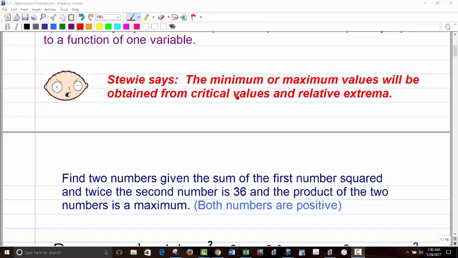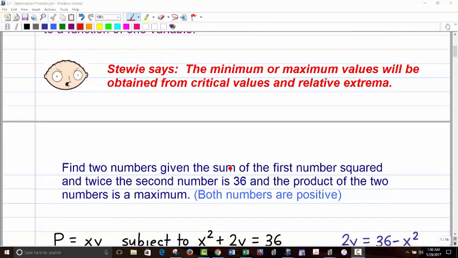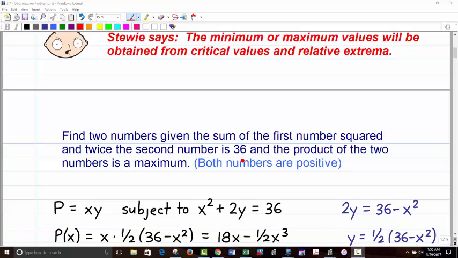Find two numbers given the sum of the first number squared and twice the second number is 36, and the product of the two numbers is a maximum. That's telling you both numbers are positive, so sometimes we have to watch for those kinds of instructions. So obviously any negative critical value we get, we would eliminate.